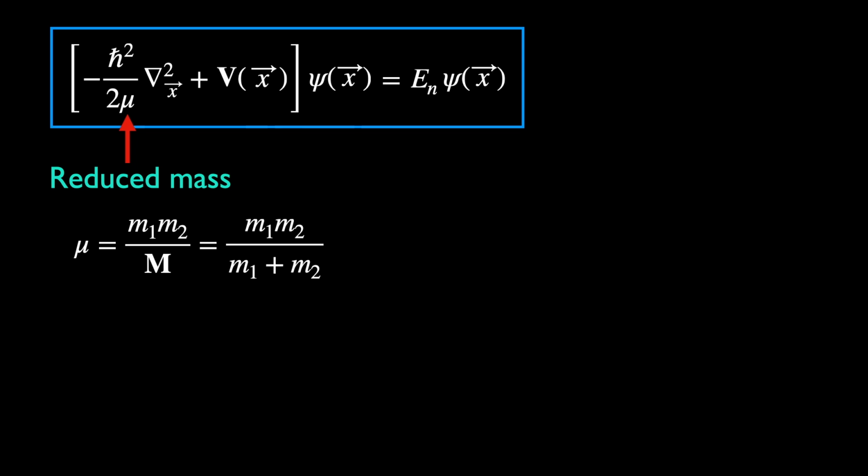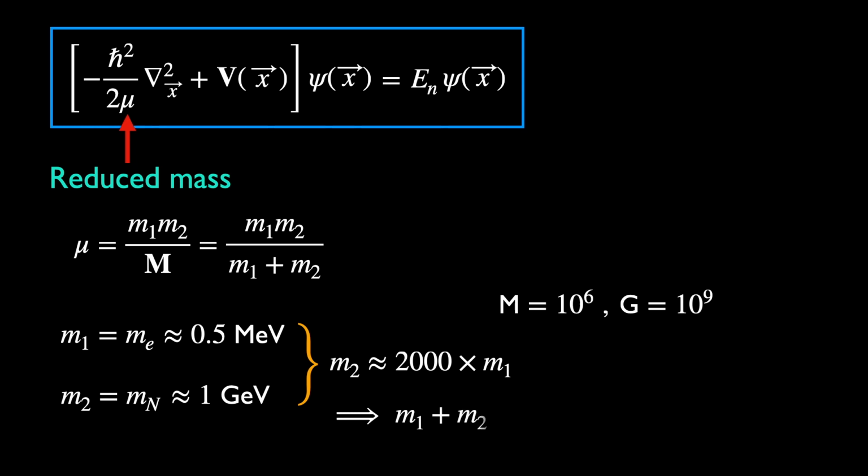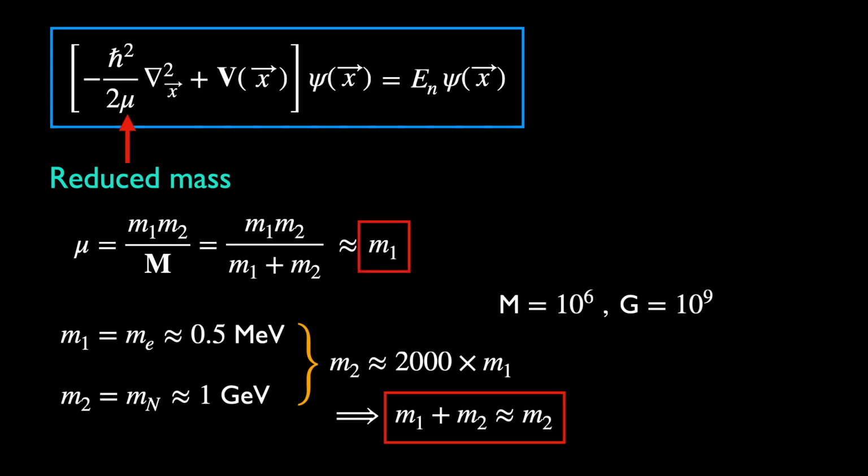For describing the hydrogen atom in most applications, it is still okay to use the electron mass, since the mass of a nucleon is about 2000 times heavier than the electron. This makes the reduced mass roughly equal to the electron mass, which is quite intuitive, since we can expect a heavy particle to remain relatively static under the perturbation of a very light particle.